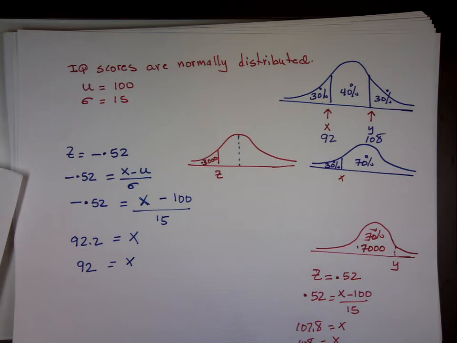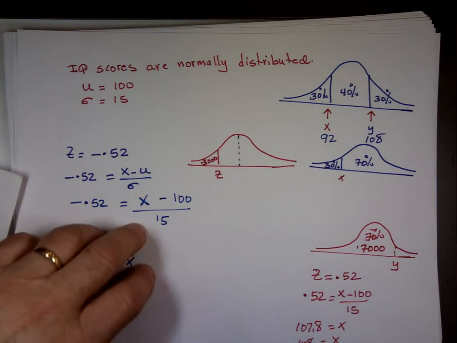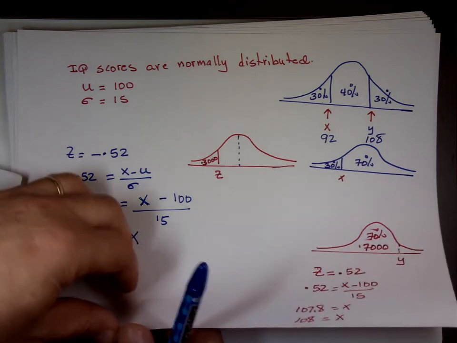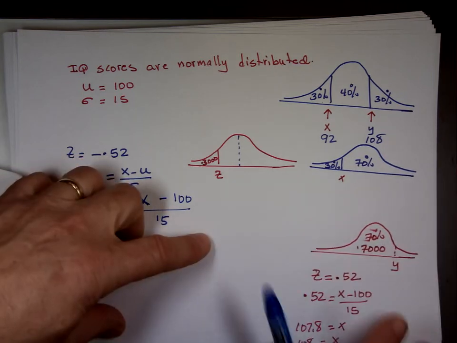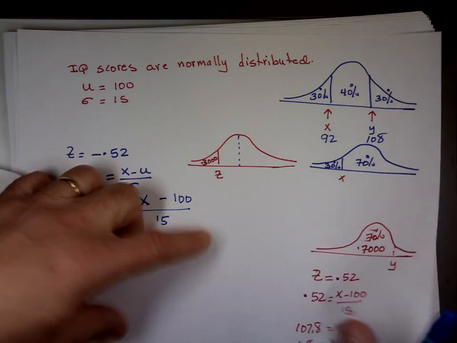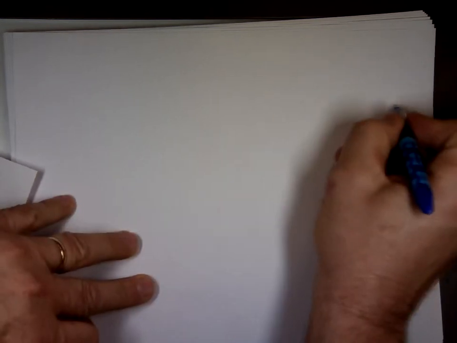Above 123 for upper, because you go one standard deviation above 108? No? Is it two? Yep, it's 2 standard deviations. So we expect 95% of the people taking this test to be within 2 standard deviations.